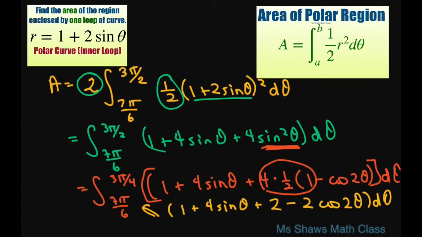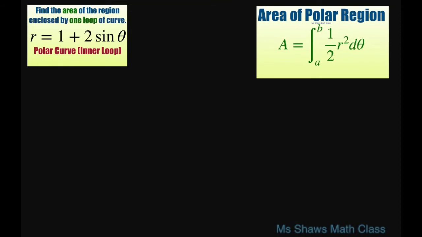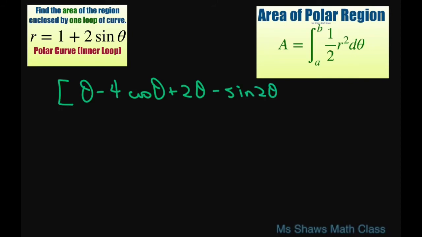Let's integrate this. We're going to get theta minus 4 cosine of theta plus 2 theta minus sine of 2 theta, and we're evaluating this from 7 pi divided by 6 to 3 pi divided by 2. If you want, you can add these up.